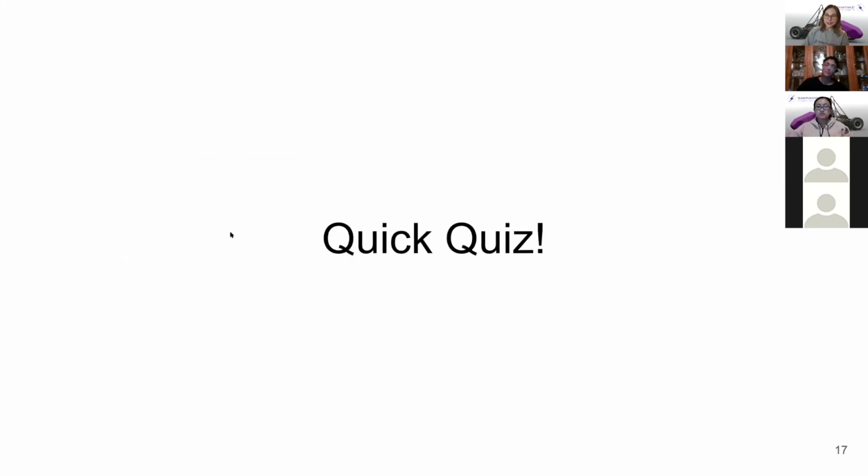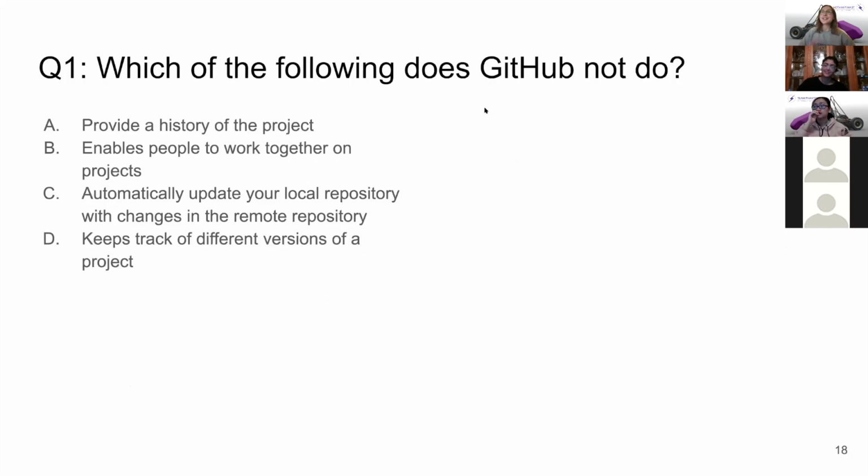So now we'll have a quick quiz about what we just discussed. So just type your answers and send them into the chat. So question 1, which of the following does GitHub not do? Provide a history of the project, enable people to work together on projects, automatically updates your local repository, or keeps track of different versions of a project.